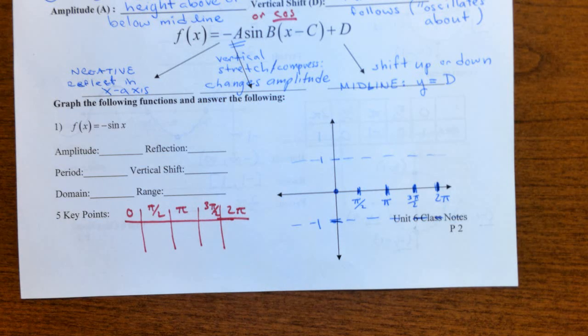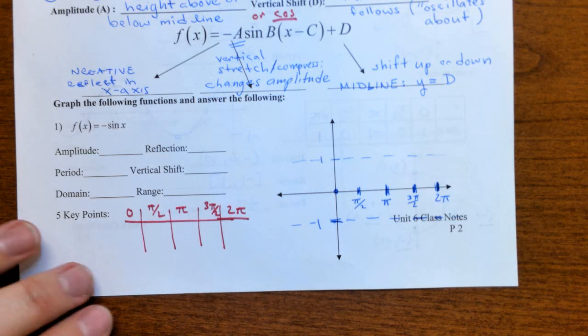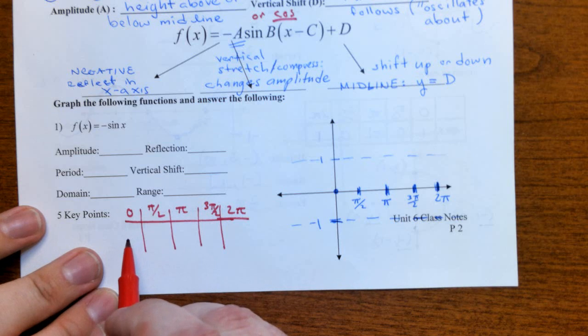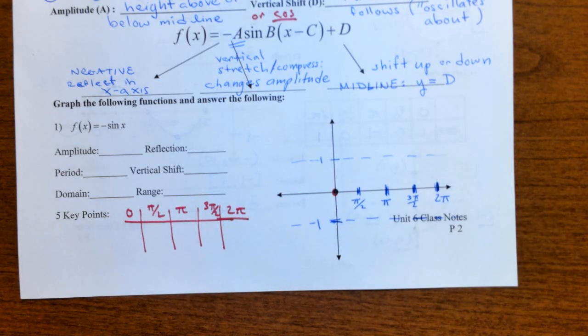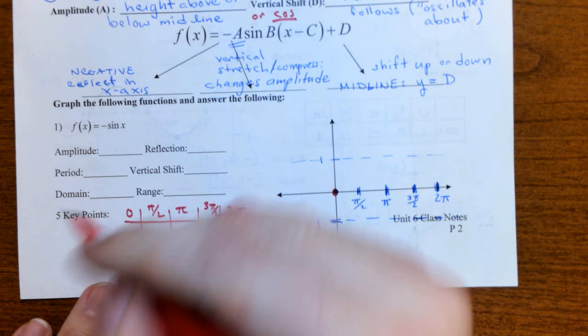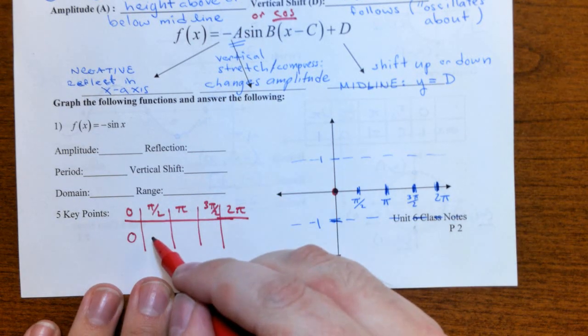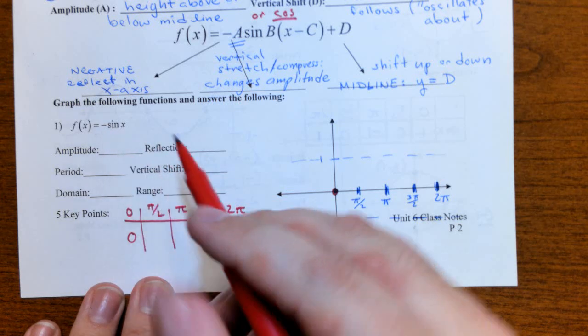So I will take these values right here. Well, the sine of 0 is 0. That much I know. Okay? The sine of pi over 2 is 1. Now notice up here there's a negative in front.